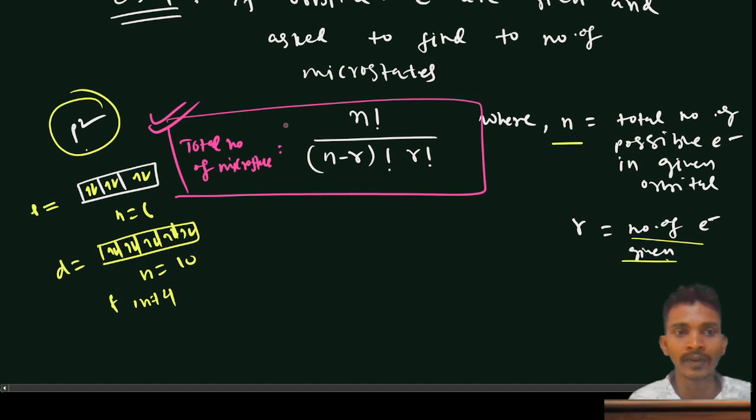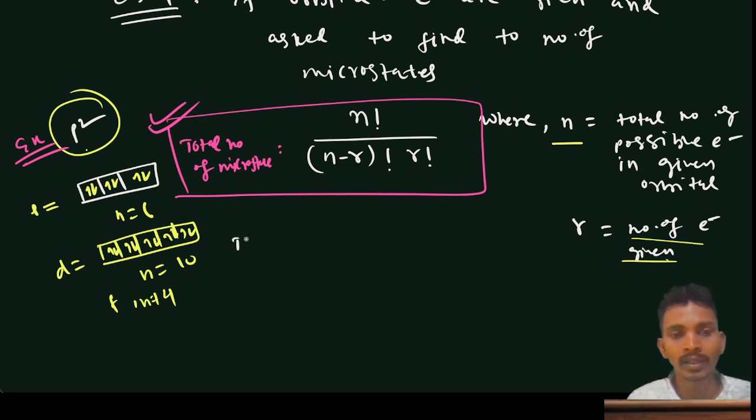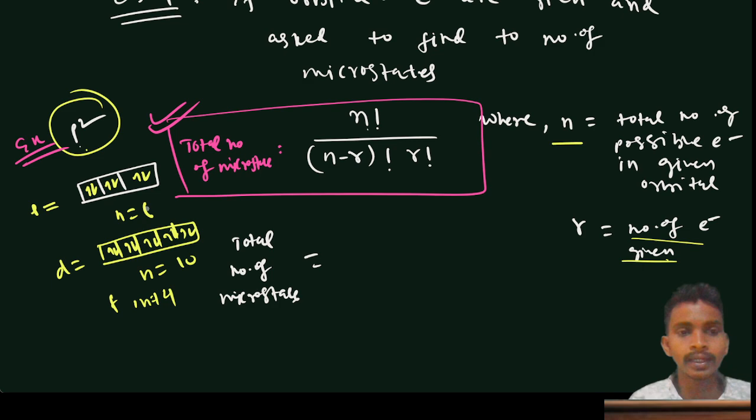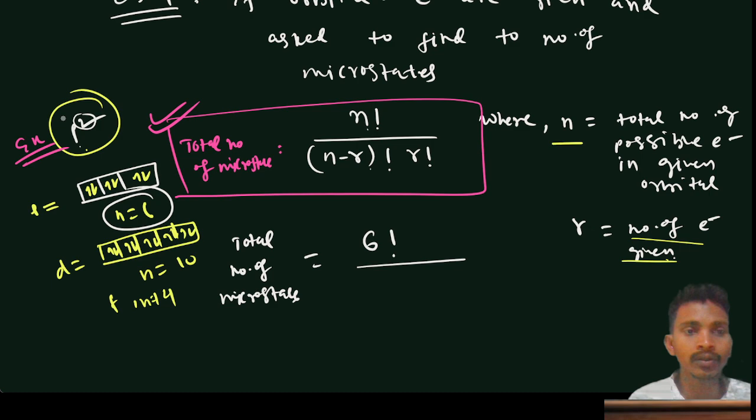Now if I apply this to the example p2, for the p orbital n is equal to 6, so I will use 6 factorial, and r represents the number of electrons given, so here 2 electrons are given.